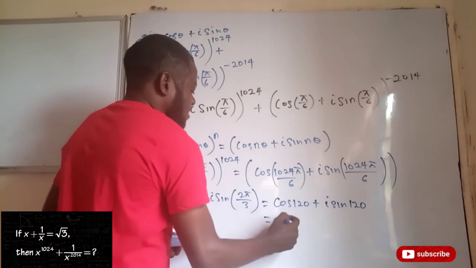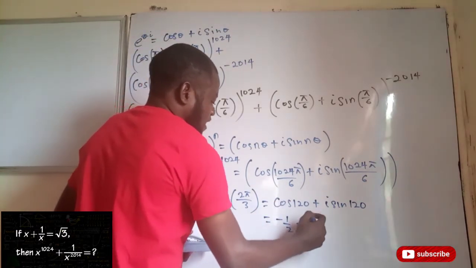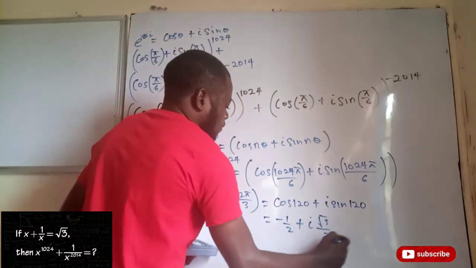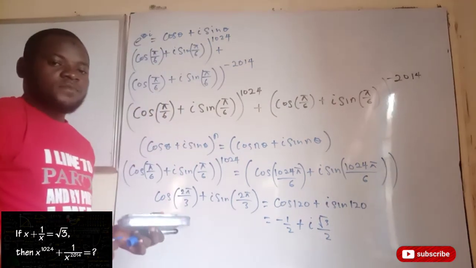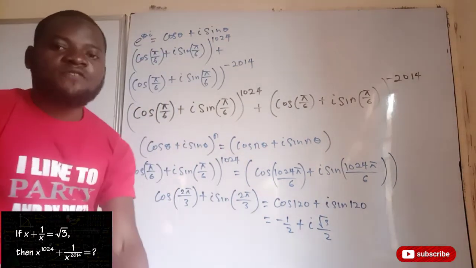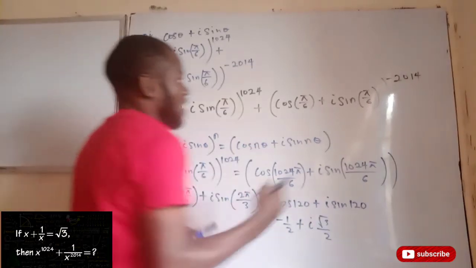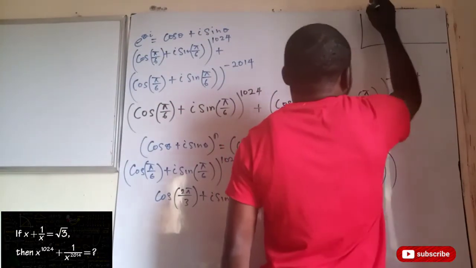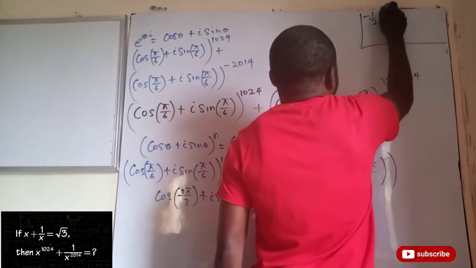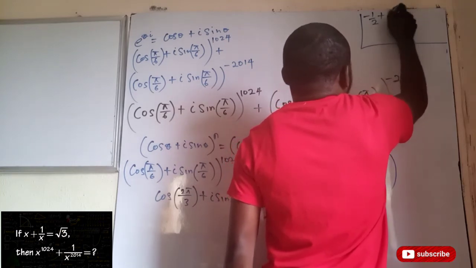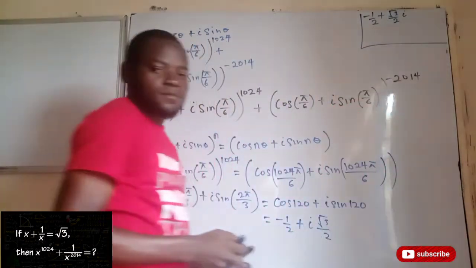Okay, this will give me negative 1 over 2 plus i root 3 over 2. Do we get this now? So we've gotten the value for the first part. Let us have it on our dashboard here. So we have negative 1 over 2 plus root 3 over 2 i.